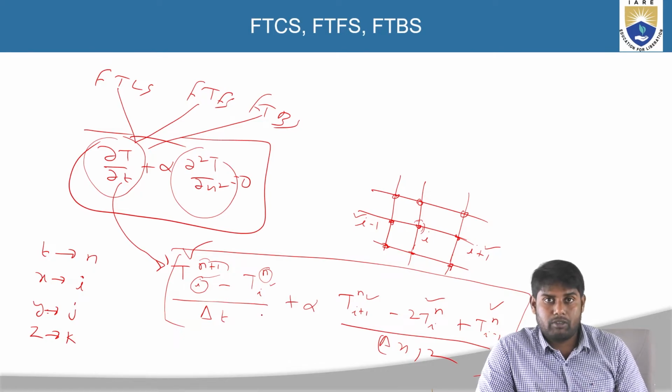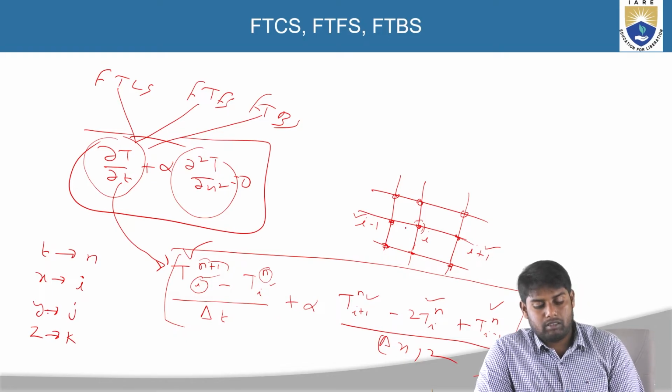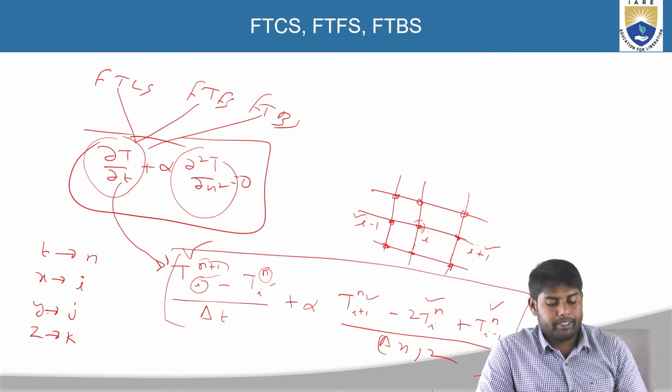So initialization: when you give initialization to the domain, you'll be knowing the values of the grid point at each and every corner and each and every node. After the initialization, when you start the simulation with appropriate boundary conditions, we need to see the updated values at those grid points at different time levels.